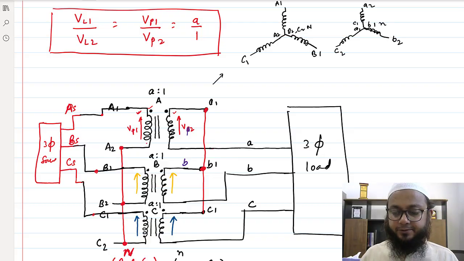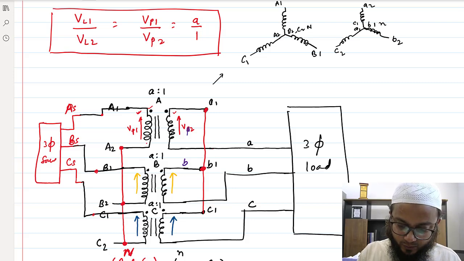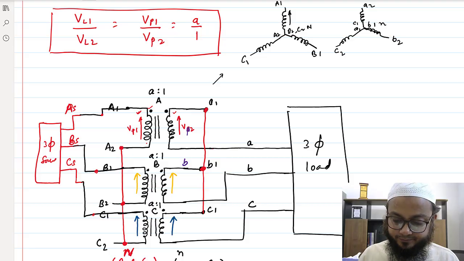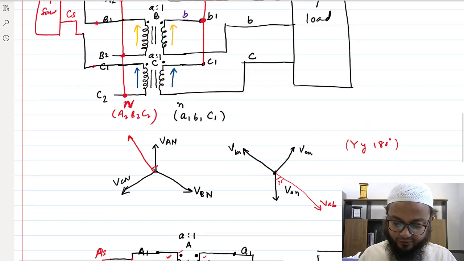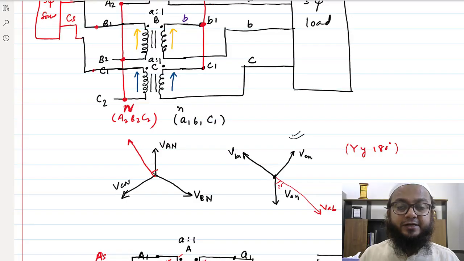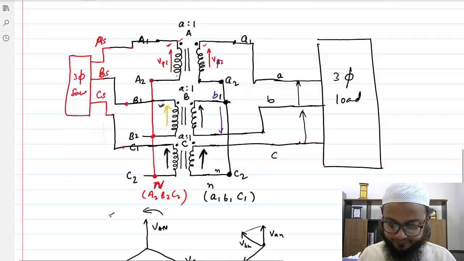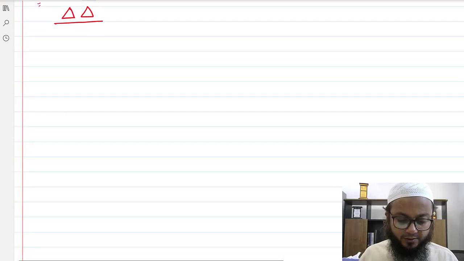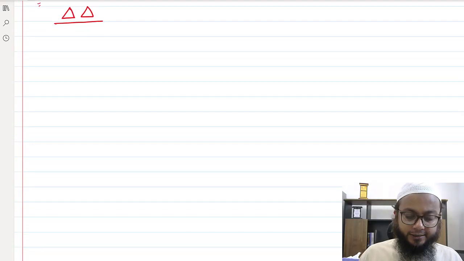This is the neutral point. If you exactly see here, if A1 was in this direction for primary, for secondary this would be towards this direction. That's how for this connection we have got a reversed phasor diagram here. Okay, now we'll discuss the delta delta connection.